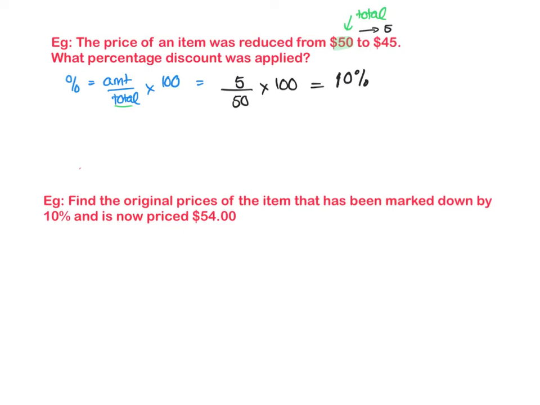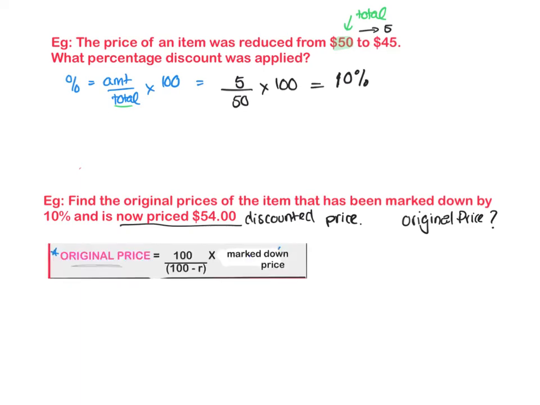All right, now it said find the original price of an item that has been marked down by 10% and is now priced at 54. So this is the discounted price, and the question is the original price. So we can go back and get the formula that we need. We're going to use this formula. So let's pop in what we know.